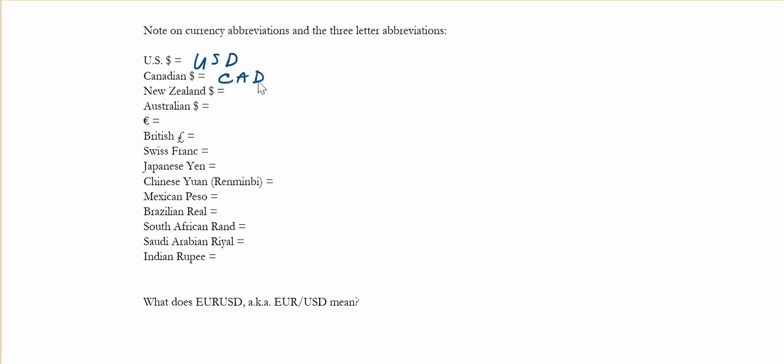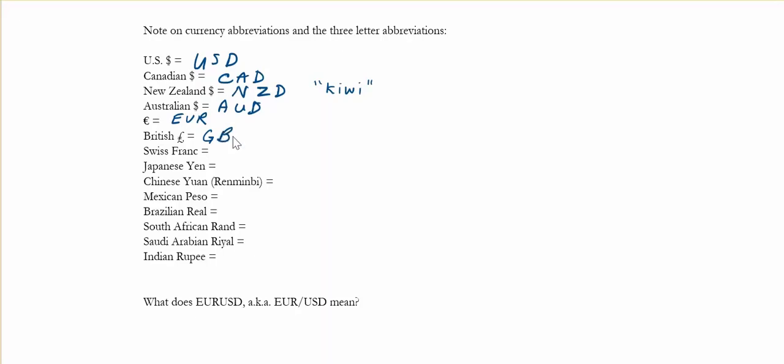That's why the Canadian dollar is sometimes called the CAD. The New Zealand dollar is NZD, and the New Zealand dollar is sometimes called the Kiwi. Might be able to guess Australian, AU for Australia, D for dollar. The euro, EUR.